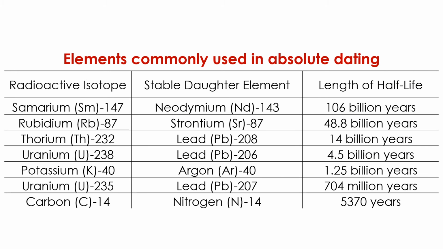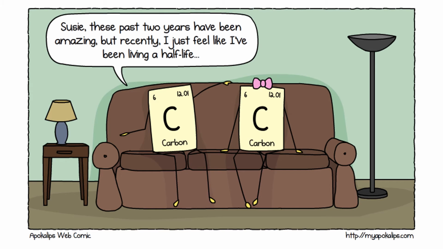Of course, carbon-14 is not the only radioactive isotope, and it certainly isn't the only important one for historical geology either. There are many unstable isotopes, and they all undergo some process of radioactive decay. This radioactive decay doesn't happen right away.